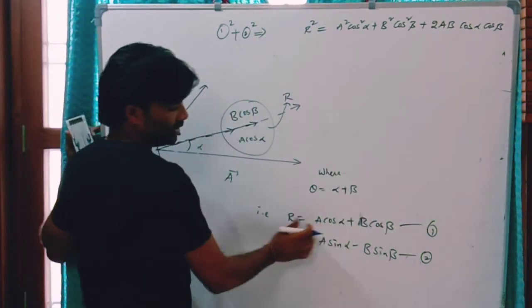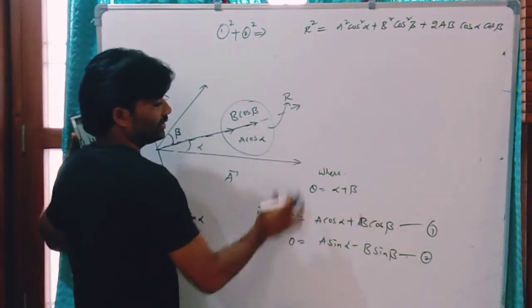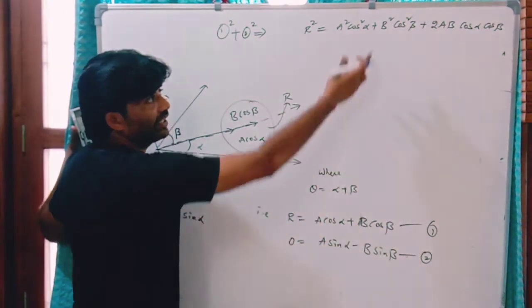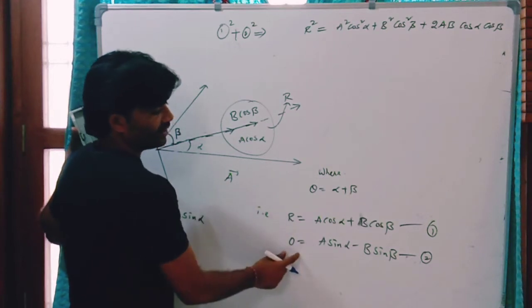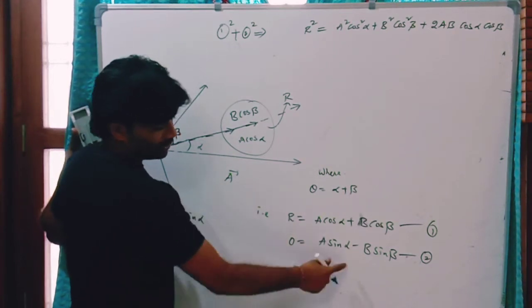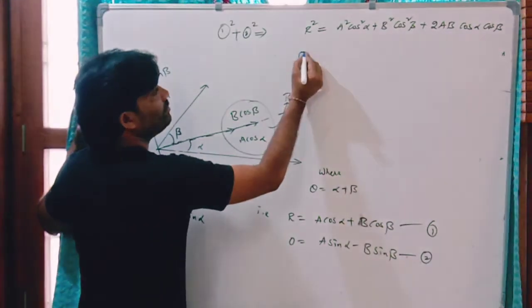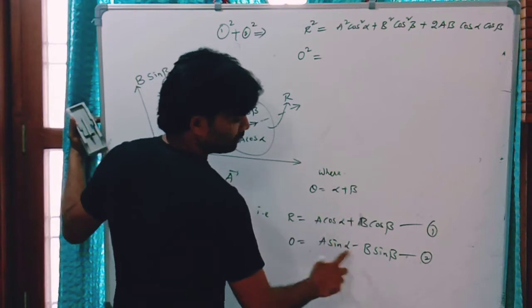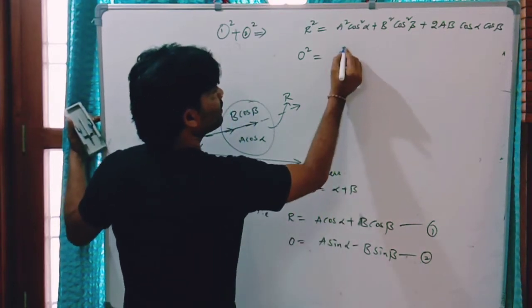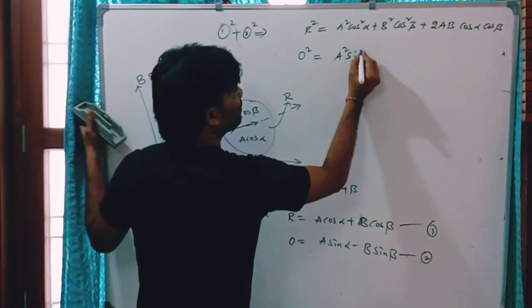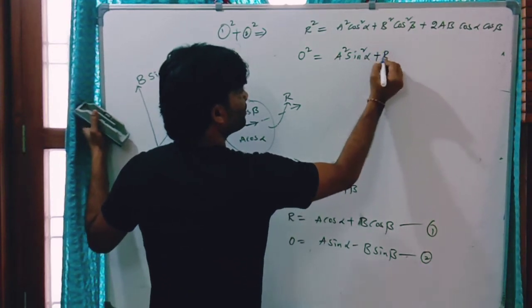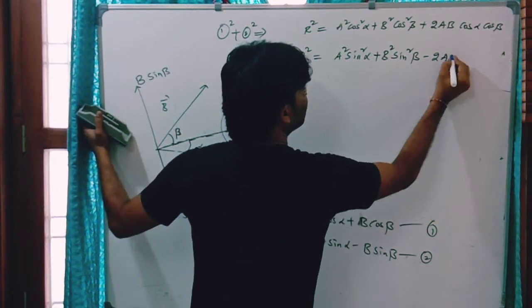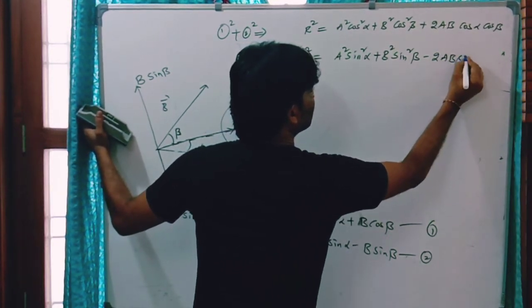So the left side square is r square, and the right side is the whole square of a plus b, whose expansion is that. Now this equation also I'll square on both sides, 0 square. The whole square of this gives the a minus b whole square form: a square sin square alpha plus b square sin square beta minus 2ab sin alpha sin beta.